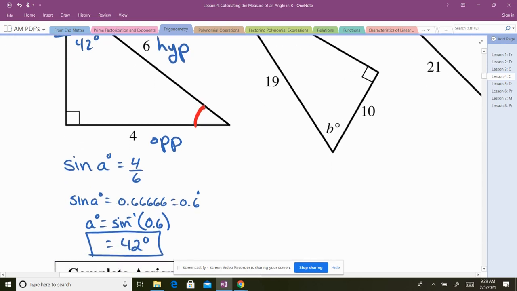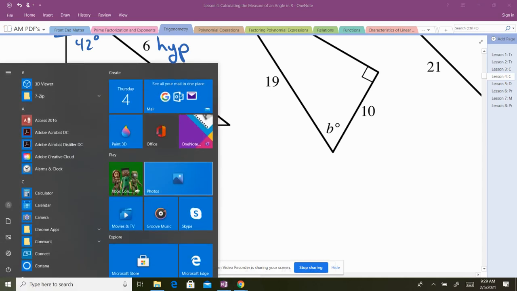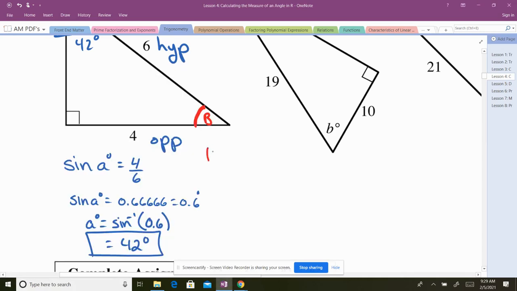So to find this one, we'll call it B, I just go 180 minus, what does this little square mean? That means 90. Minus the angle that we just calculated gives you 48. So B is 48 degrees.